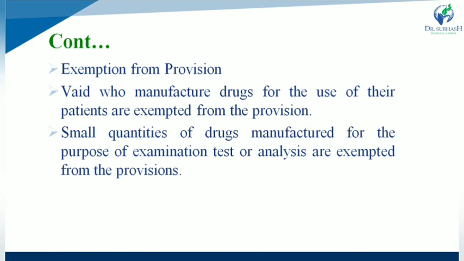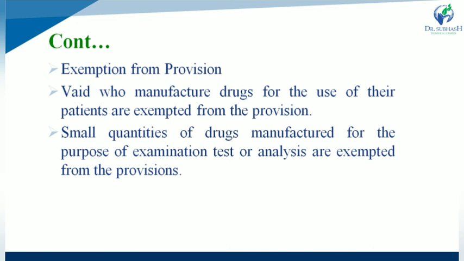What are the exceptions from the provision? A Vaid who manufactures drugs for the use of their own patients is exempted from the provision. And second, small quantities of drugs manufactured for the purpose of examination, test or analysis are exempted from the provision.